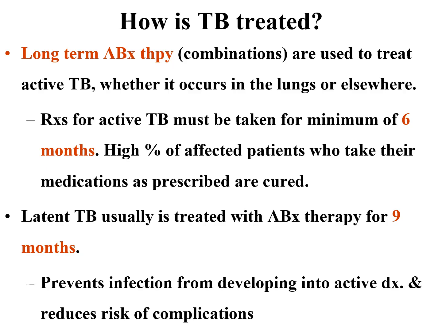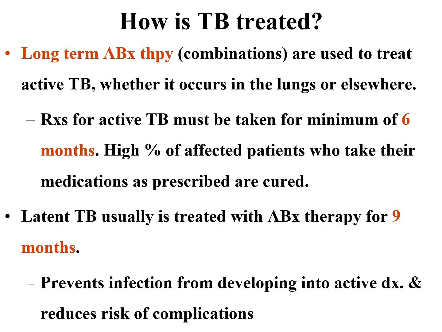Now, medications for active TB must be taken for a minimum of at least 4 to 6 months. And there's a high percentage of affected patients who take their medications as prescribed, who become cured. Latent TB usually is treated with antibiotic therapy, oftentimes for anywhere from 6 to 9 months.